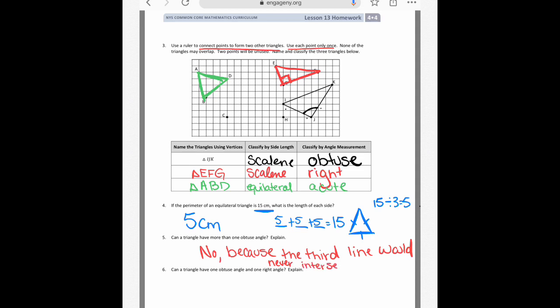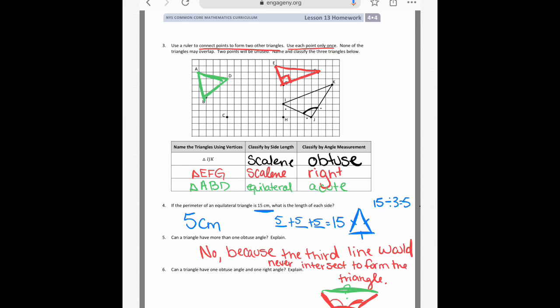It's kind of difficult to explain, but I'm going to say no because the third line would not intersect to form the triangle. So here's an example. There's one obtuse angle, and if I don't just automatically connect those two ends and I make another one, that doesn't work out. You've already used your three sides and they're not connecting. So now I've got a trapezoid instead. So it has to have at most one obtuse angle.